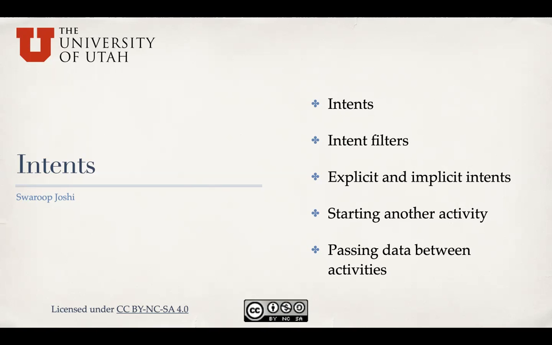So in today's video, we'll look at what is an intent, what are intent filters, then the two types of intents, explicit and implicit, and then how to start another activity and how to pass data between the activities. So we'll extend our dice games app to go from the wallet where we simply click the die and earn coins if we hit a 6.